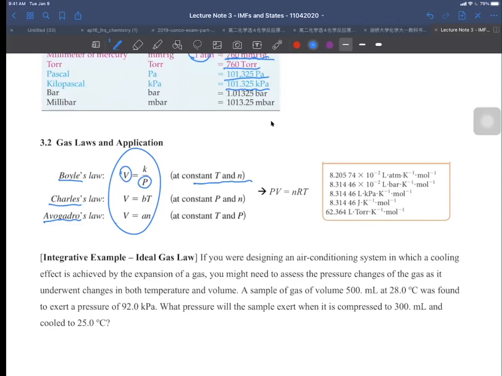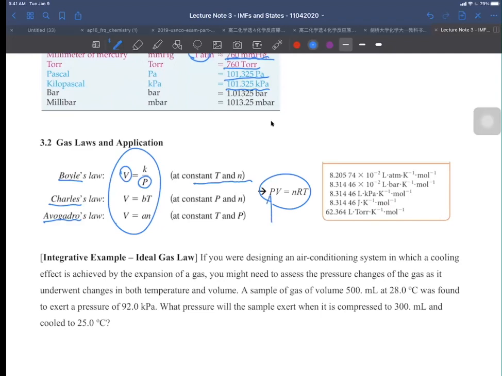More gas will have a higher volume if the temperature and the pressure are the same. So there is a very smart guy who stood on the shoulders of all those previous scientists and summarized a final equation, PV equals nRT. This is called the ideal gas law.